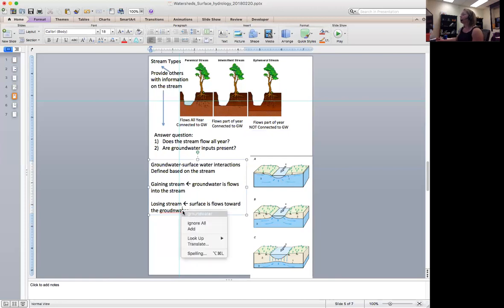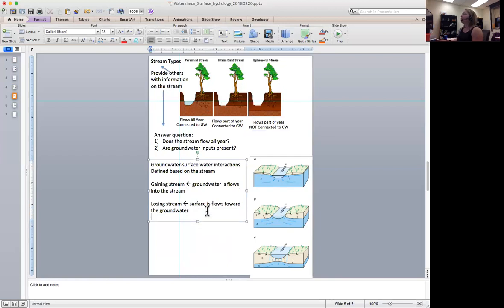And you can see here in this image, you see these blue diagrams coming from the stream bottom and flowing out into the groundwater system. This zone 3 that's inside B, that's considered a losing stream. And so that's typical. You can find that in perennial streams, and you can find that in intermittent streams.